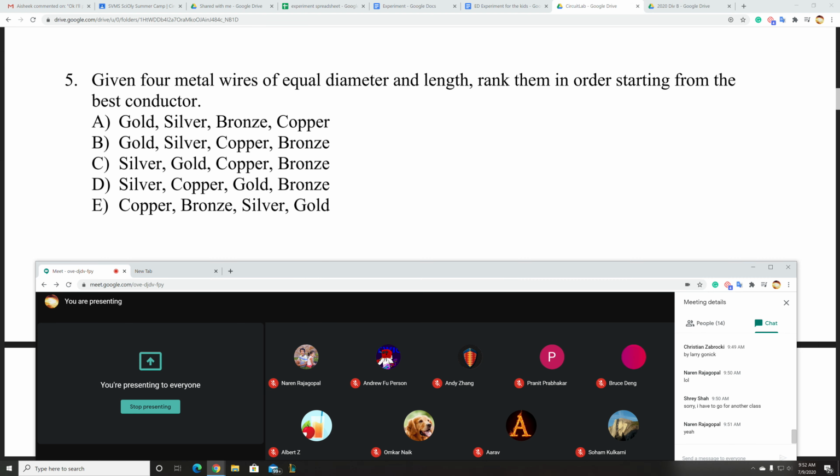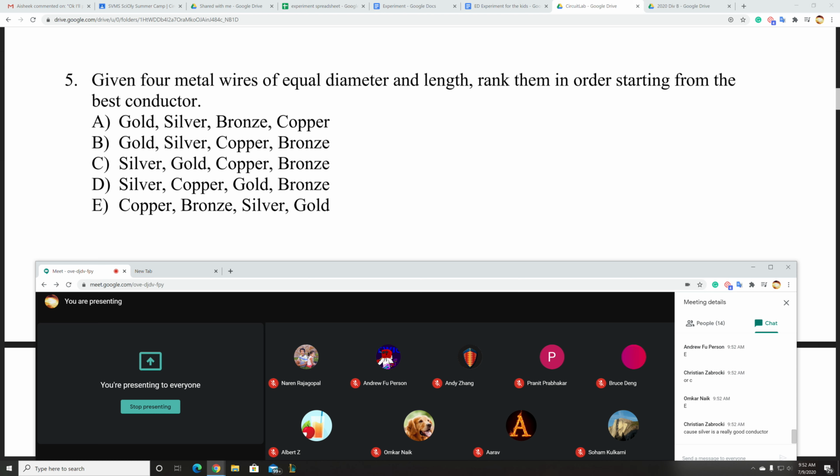Given 4 metal wires of equal diameter and length, rank them in order starting from best conductor. What do you guys think the answer is? This is something you guys should know.